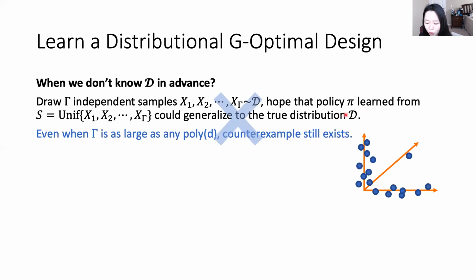However, this is not working, since even when gamma is as large as an arbitrary polynomial of d, a counterexample still exists. The high-level idea for the counterexample is, for example, here, there are many context vectors in a d-dimensional space we need to explore, and every time we can only get some samples like these blue dots. In some directions, the true probability may be large, like this direction or this direction.